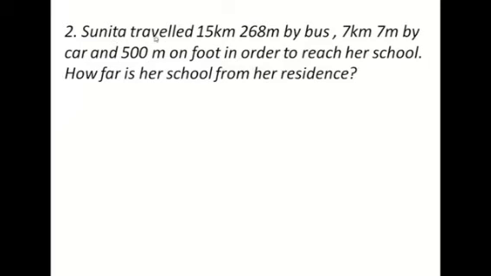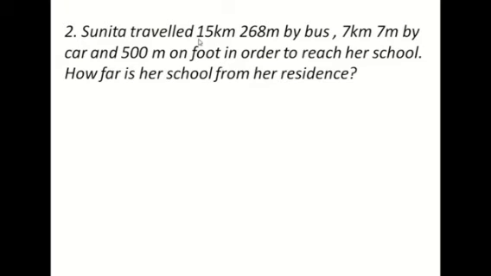So what do you have to do? If you add the distance travelled by bus, by car and on foot, you will get the total distance from her residence to school.